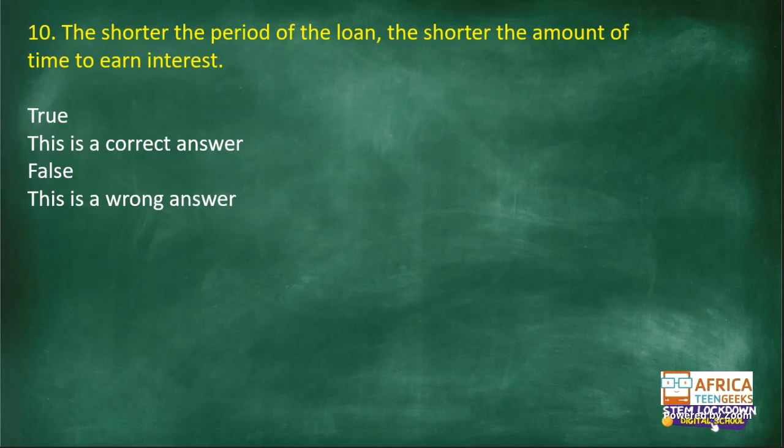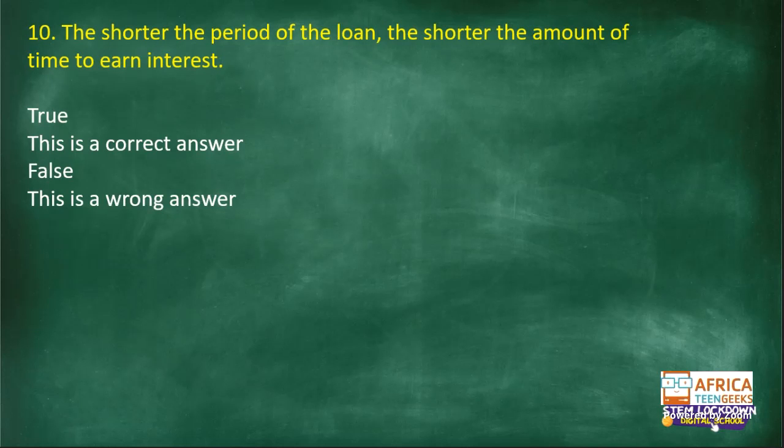The answer is yes. That is the correct answer there. The shorter the loan period, the shorter the amount of time to earn interest. So the interest will be lower if the time period is also low.